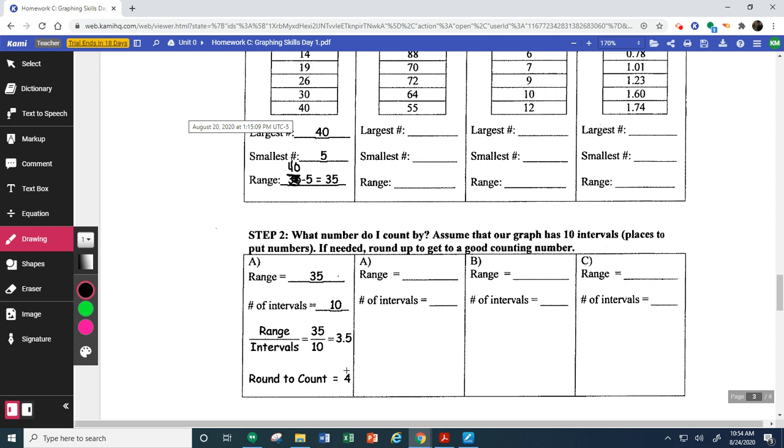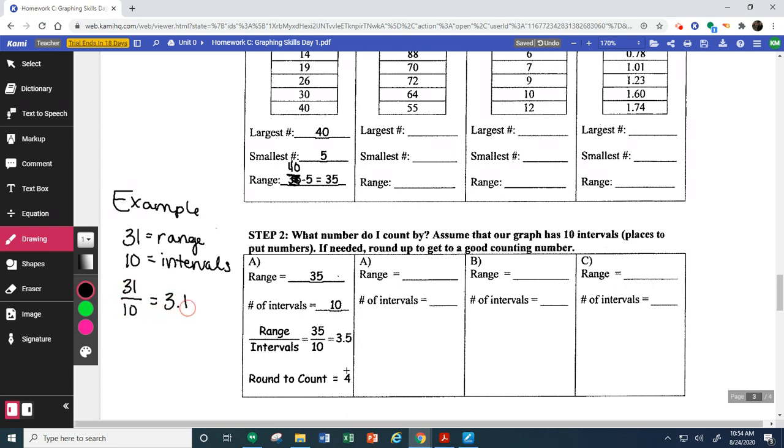So for example, let's just say my range was 31 instead. And let's say my intervals is still 10. When I do my division step, 31 divided by 10, we know is going to be 3.1. Based on what you've been taught in math, with rounding, you would naturally want to round this to 3.